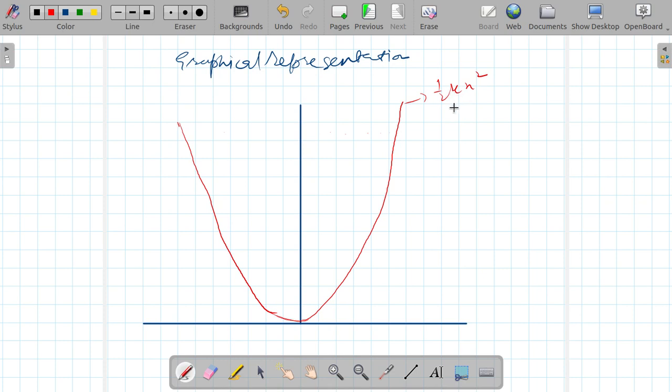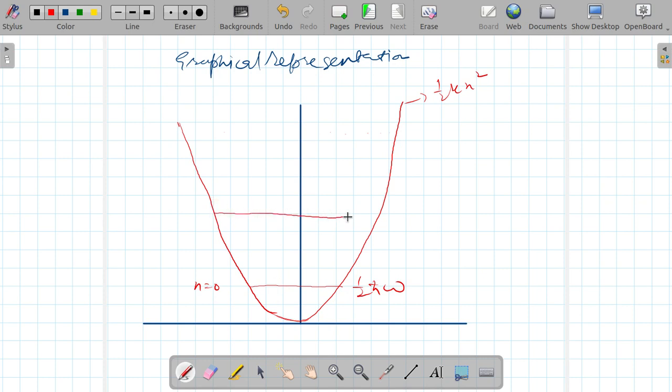In this potential the particle is confined. The ground state energy corresponds to n equal to 0, where the energy is half h cross omega.